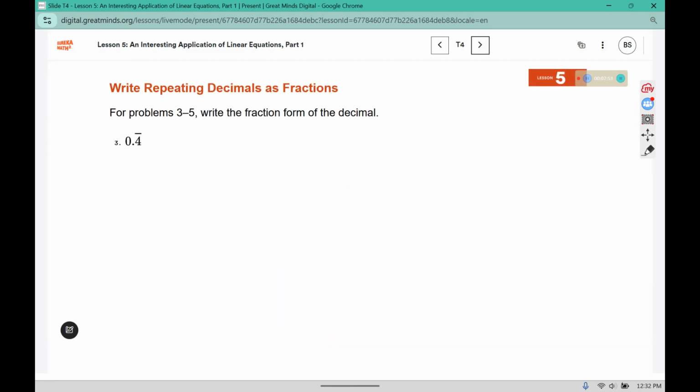For problems 3 through 5, write the fraction form of the decimal. So I'm going to also write notes for this type of problem, just so you have them as a reference as well. Again, I encourage you to add those to wherever you keep your notes. In my class, that's in your composition book. So to start, we're going to set x equal to the decimal we are looking for.